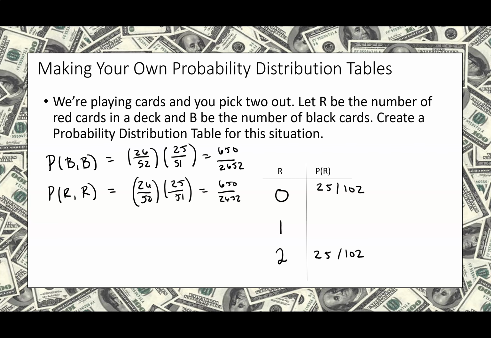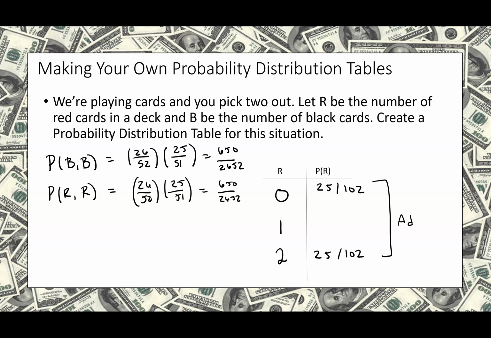Now you certainly could break this one up right here into red black, then black red. But what if I told you there's a much easier way? Well, that easier way comes from the fact that what should all 3 of these things add to? They should add to 1. So if we add these 2 values and then subtract them from 1, we will get our answer.